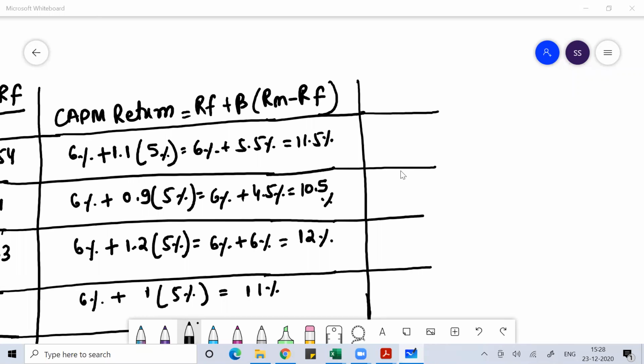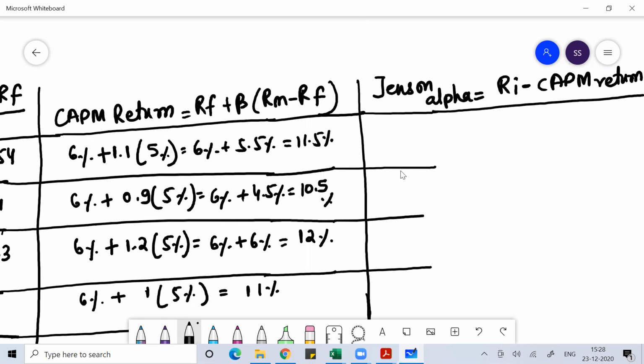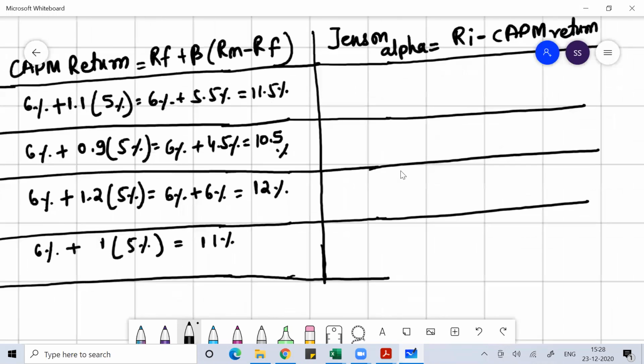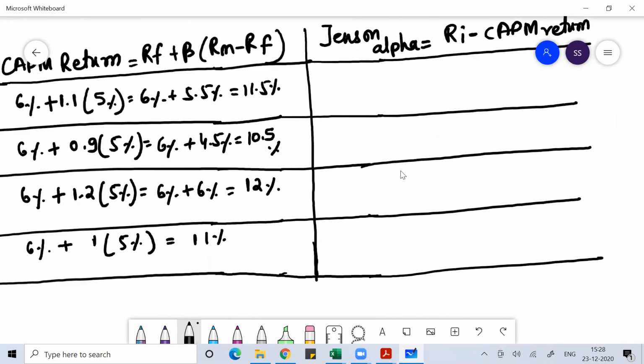The CAPM model is all about RF plus beta into RM minus RF. Then we can talk about Jensen Alpha. Jensen Alpha basically means the return on the stock minus the CAPM return. That is called Jensen Alpha.